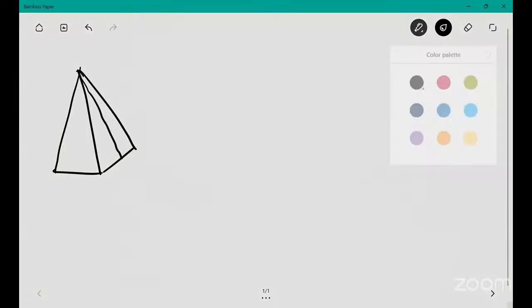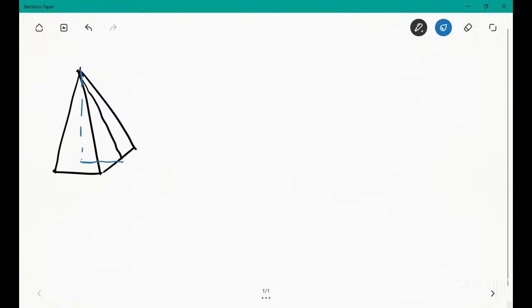So not the perpendicular length which goes straight down. It's not this length. It's the length along the shape itself. So what they can do is they can ask you to find it. So they'll give you this as L, this as 8, and this as 12. So since it's a square, this means 12.